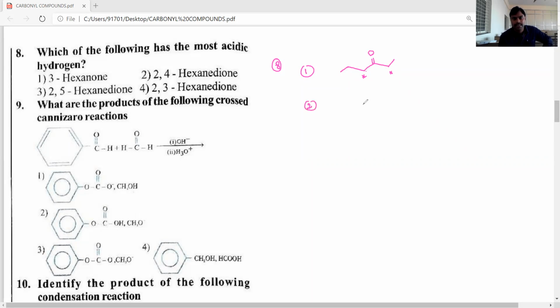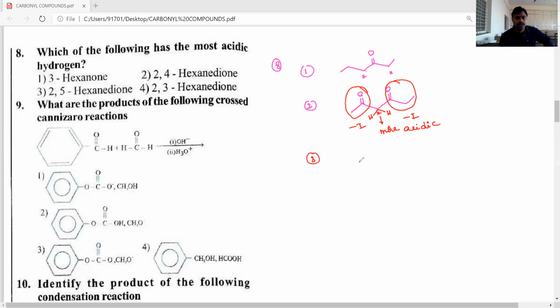And the second one is hexane-2,4-dione: 1, 2, 3, 4, 5, 6. Here the second and fourth double bonds are present. These C double bond O groups are minus I groups, electron withdrawing groups. The middle CH2 group, the hydrogen atoms here are more acidic when compared to all the remaining options.